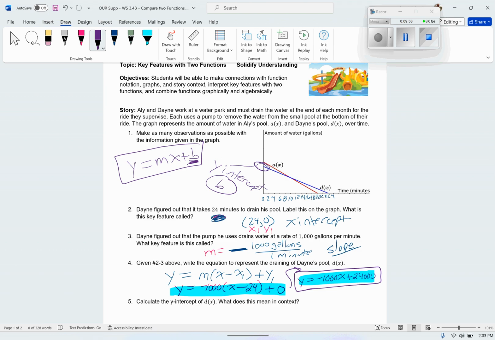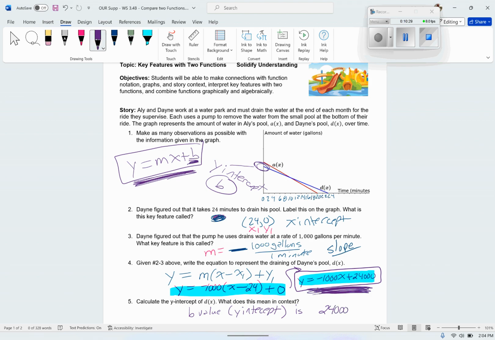So looking at that and looking at this equation right here, what's the y-intercept of this equation? 24,000. So our b value, which is the y-intercept, is 24,000.